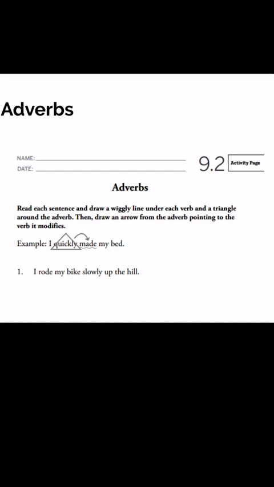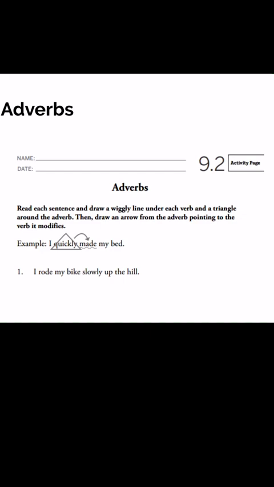Okay, let's try number 1. I rode my bike slowly up the hill. What is the verb in that sentence? If you said rode, you are correct. Okay, so wiggly line drawn under rode. Now, what word is describing how you rode your bike? I rode my bike slowly up the hill.